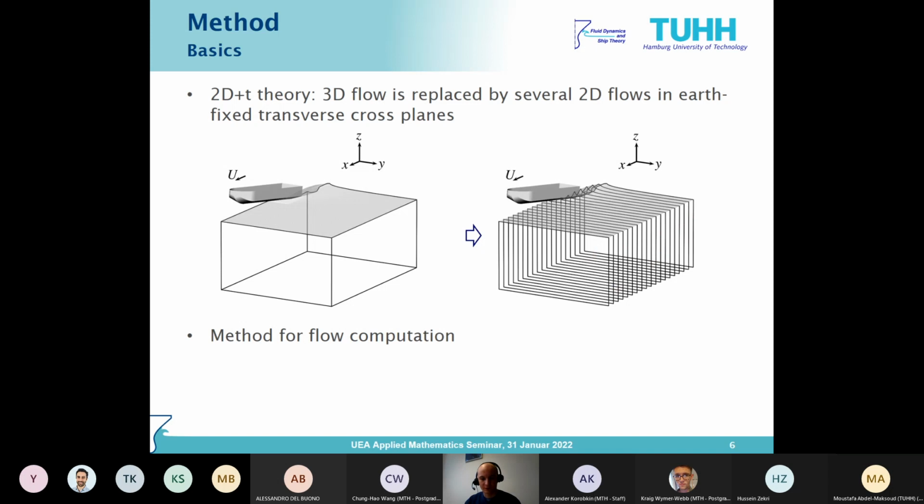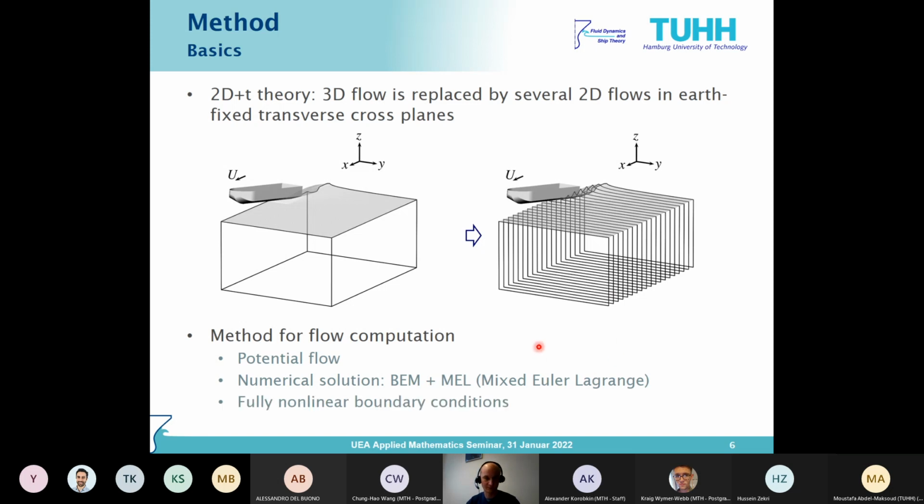And the method we use for flow computation is a potential flow solver and a boundary element method combined with a Mixed-Eulerian-Lagrangian approach to track the free surface. And this allows for fully nonlinear boundary conditions, which is an important feature at high-speed ship hydrodynamics.